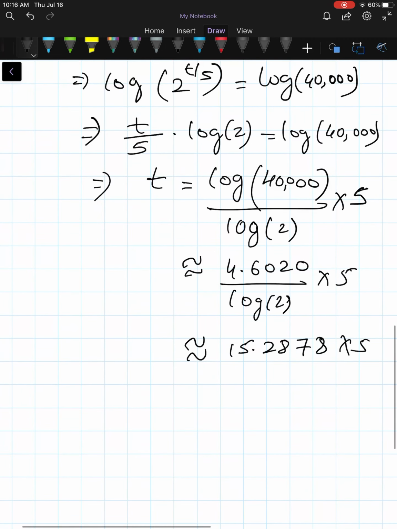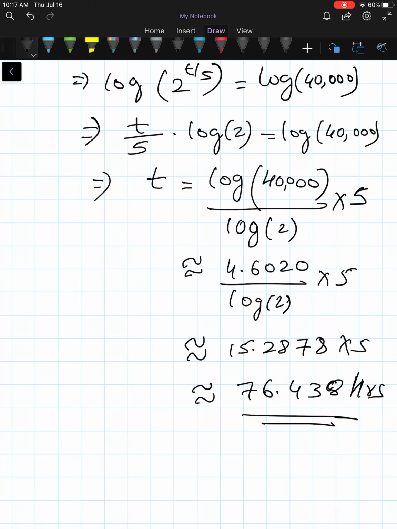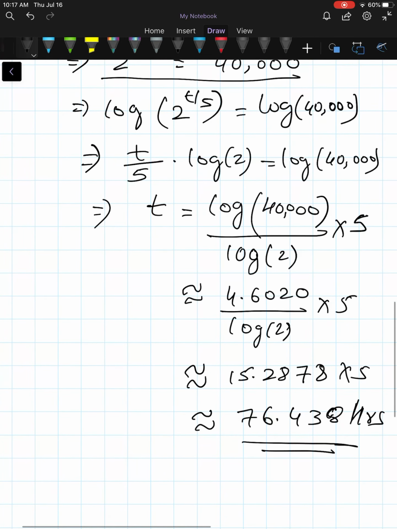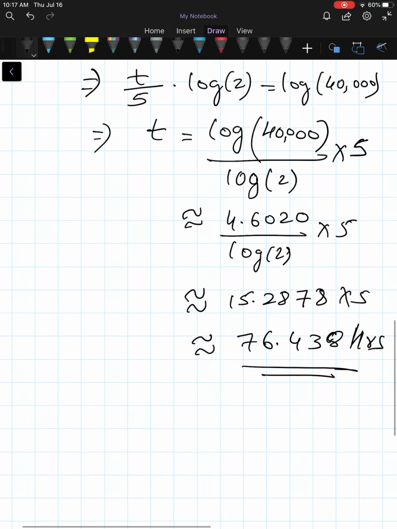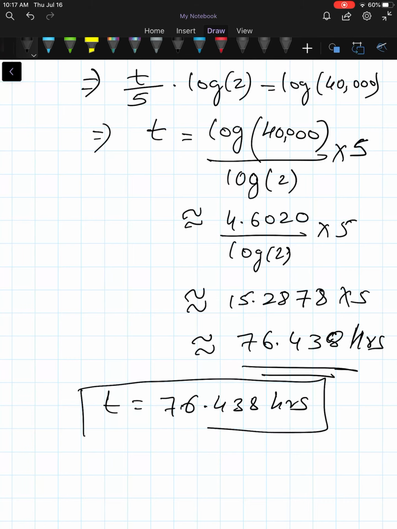Times 5 would be approximately 76.439 hours. So the time it takes for the number of bacteria to rise to 1 million is 76.438 hours. So this is the solution.